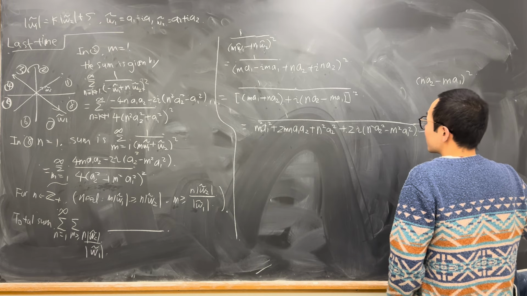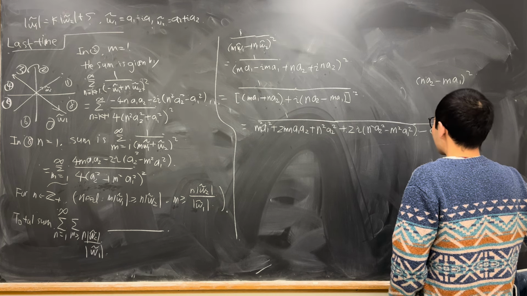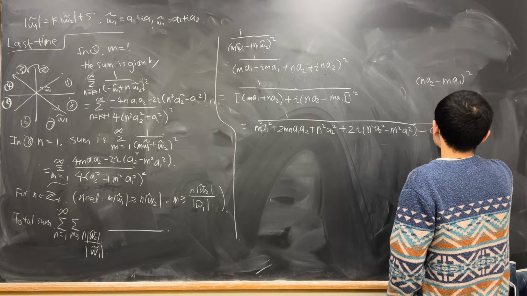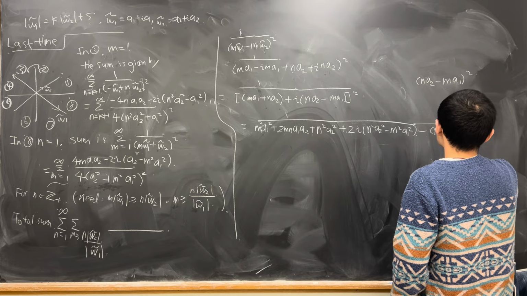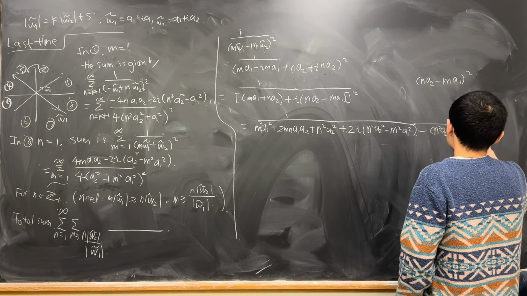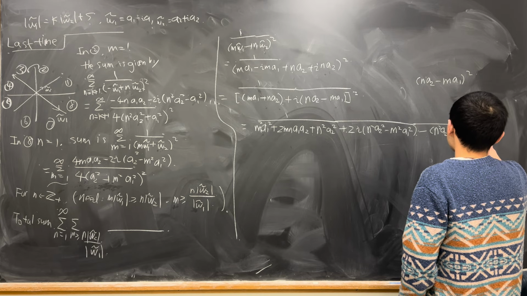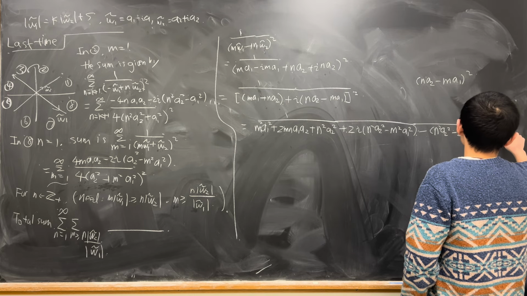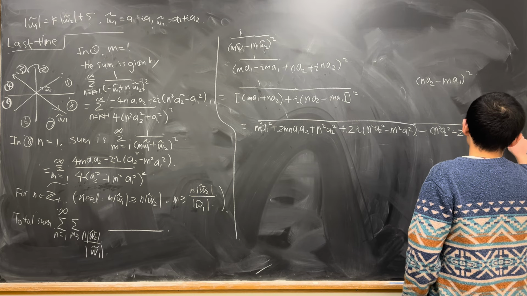So when I expand it, what do I get? I'm getting n squared A2 squared minus 2mnA1A2 plus m squared A1 squared.